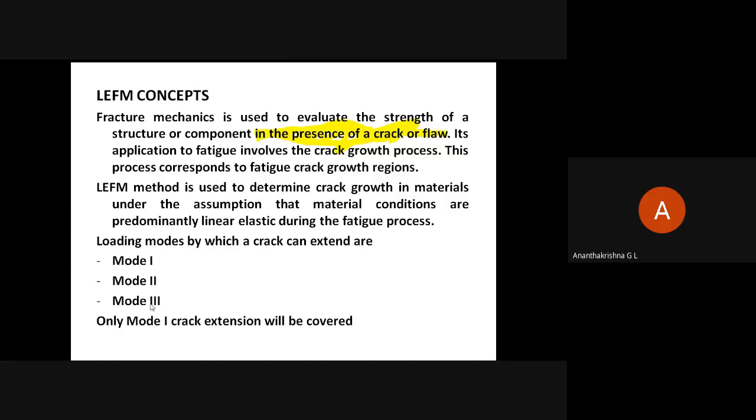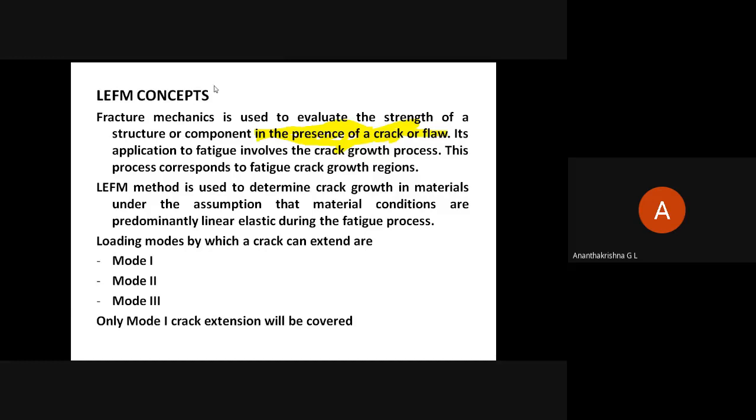Correct. Third one? Tearing. Mithun? Tear it out of plane. So those are the three modes of loading. Only mode 1 crack extension will be covered, because mode 2 and mode 3 are rarely used.